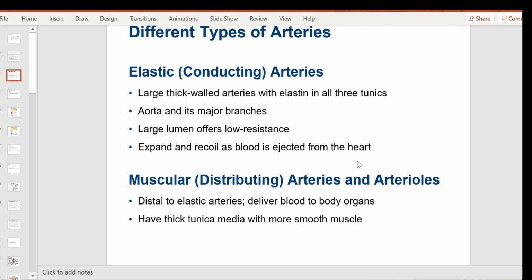Now, three types of arteries are present in the body. Elastic arteries are the large arteries, those are close to the heart, and elastic arteries are also known as conducting arteries. Okay, so your aorta and its major branches, those are elastic arteries.